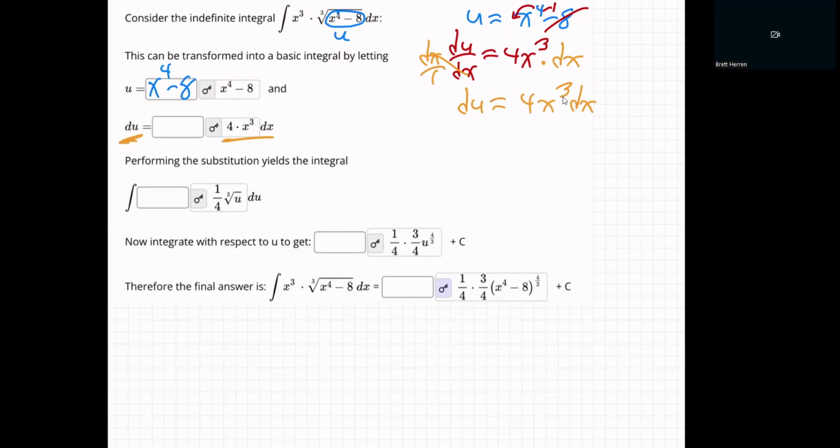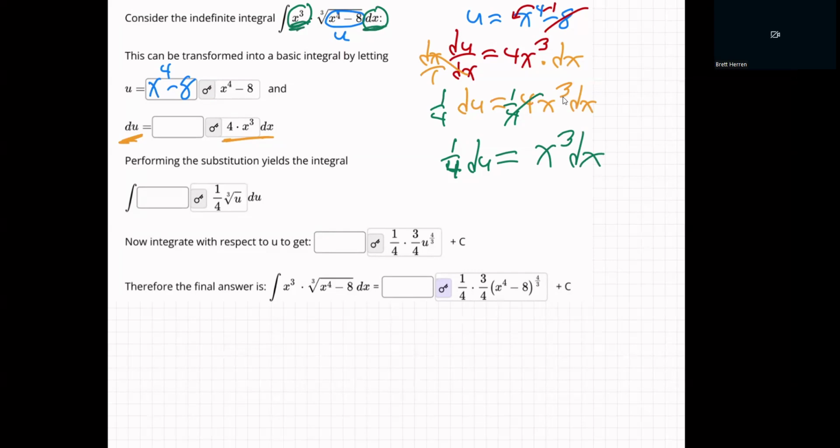All right, so now if we want to change this integral, here's the trick. We've got to replace x cubed and dx. So that means multiply both sides by 1/4. This cancels. 1/4 du is x cubed dx.